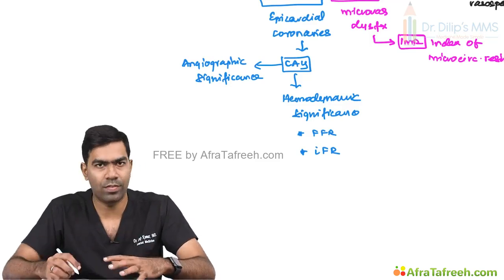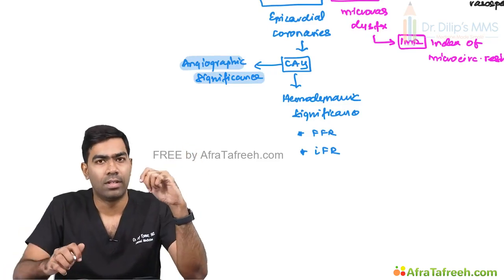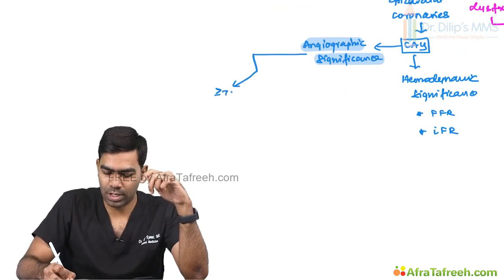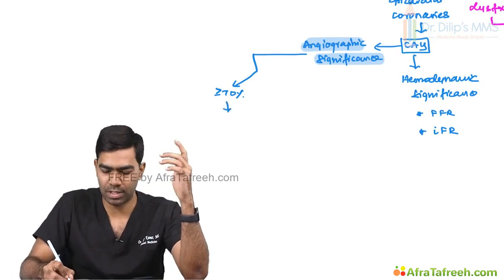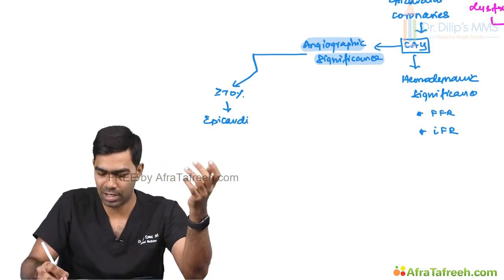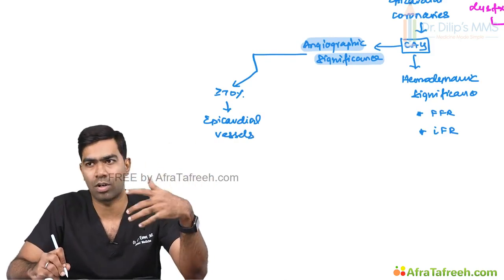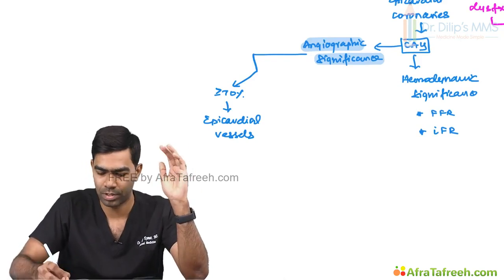Fine. First of all, we need to know what you mean by angiographic significance. So let us see the definitions. If the stenosis is more than 70% narrowing of the lumen in one or more of the major epicardial blood vessels, for example the right coronary artery, left circumflex or left anterior descending, that's considered to be angiographically significant.